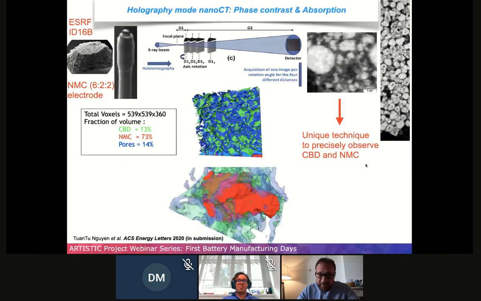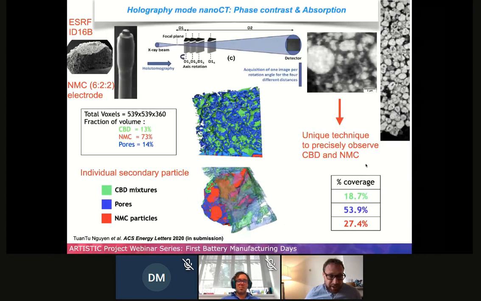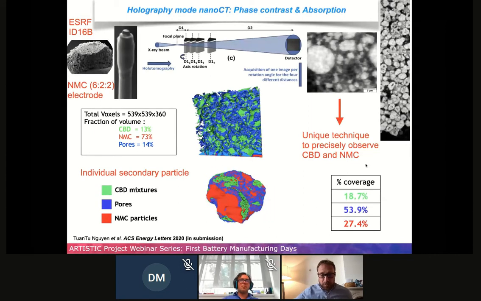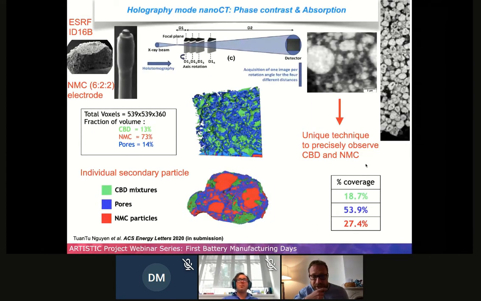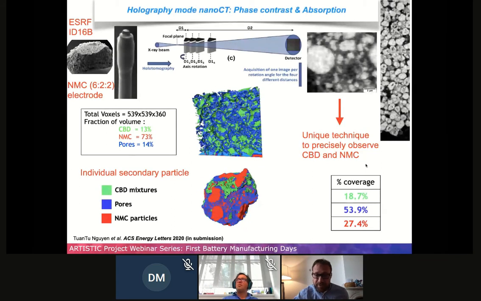So then you have the coverage of an individual NMC particle with the CBD and the pores. And what is in red is a connection of NMC particles, meaning the solid diffusion. So this tool is very, very powerful to properly characterize the NMC electrode.